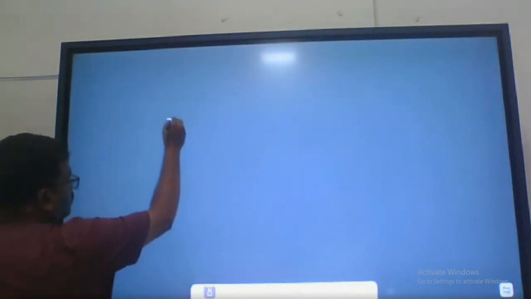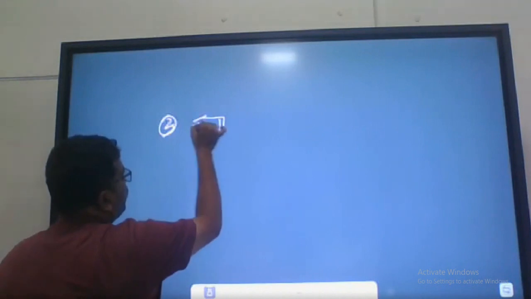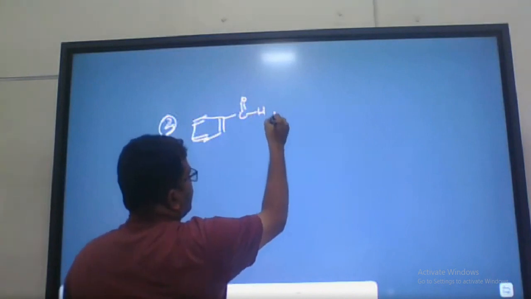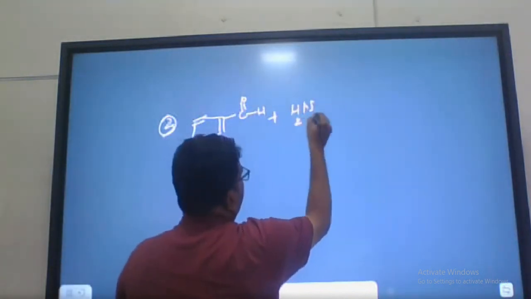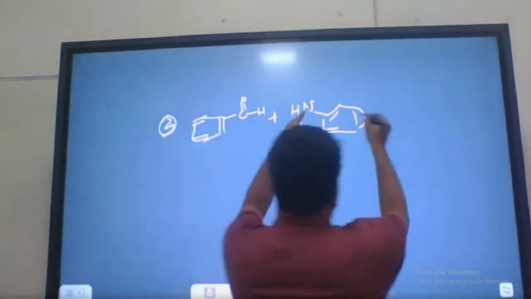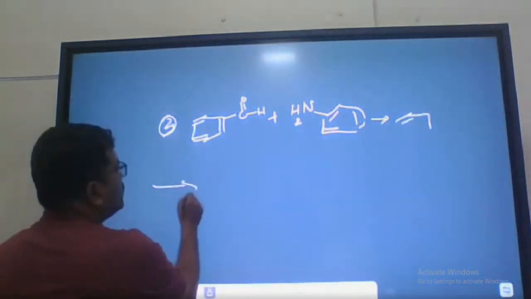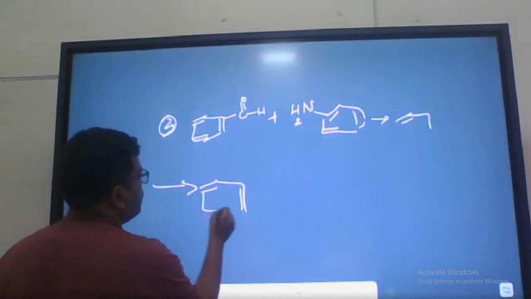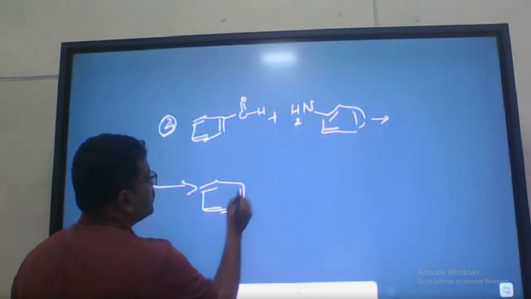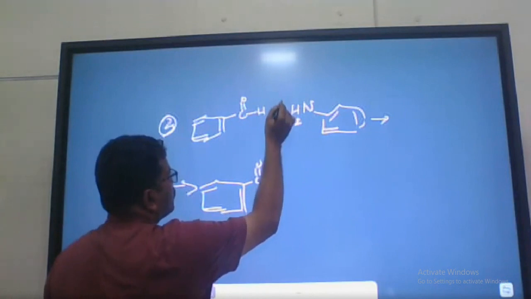The third reaction: ketone or aldehyde reacts with amine functional group. It gives amide. See, it gives the amide functional group.